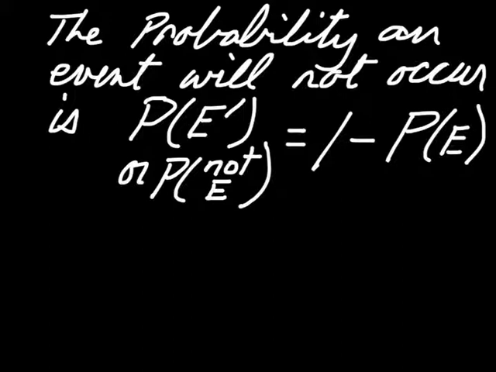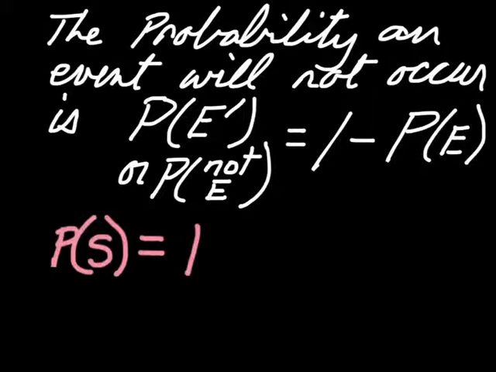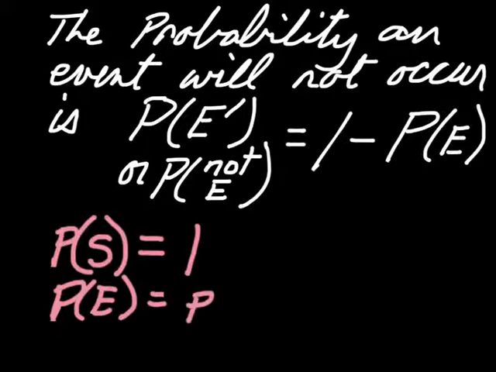Now, why is it 1 minus the probability of the event? Let's talk about this just quickly. First of all, if you have a whole sample space, then the probability of the sample space is just 1. If you have some event in the sample space, any old event, we'll say its probability is P. So what's the probability of the complement?